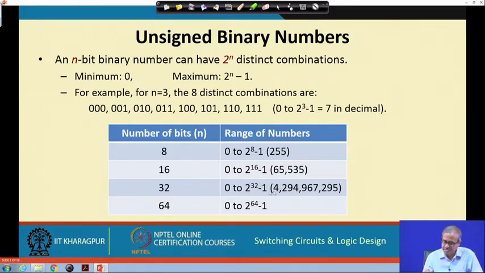For 32 bits, it will be about 4 billion, so numbers up to 10 digits can be represented, but in 64 bits it will be even larger, approximately 21 digits, a very large number. As the number of bits increases, the range of the number increases very rapidly. As this table shows, we have to remember this.